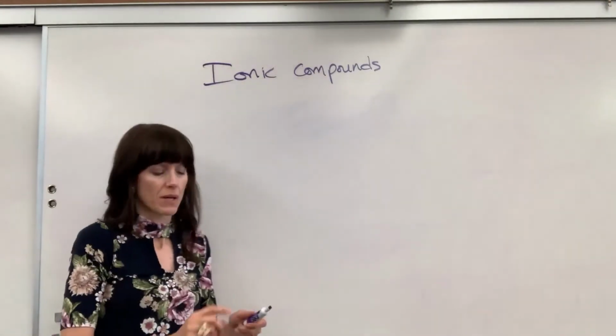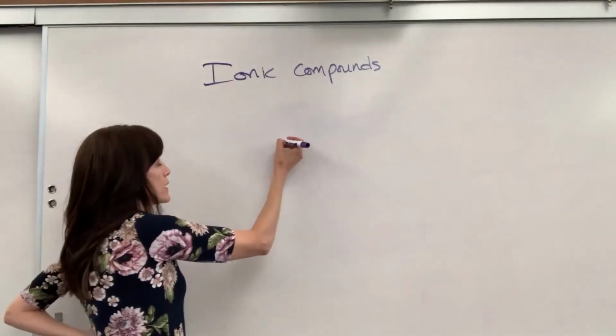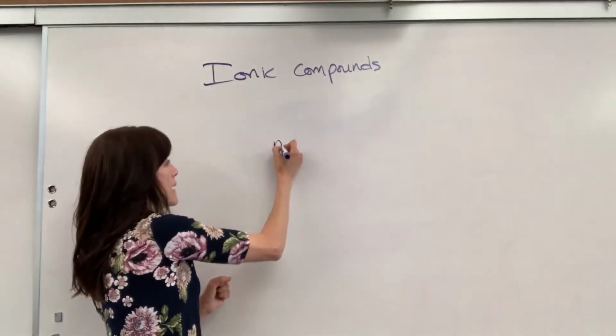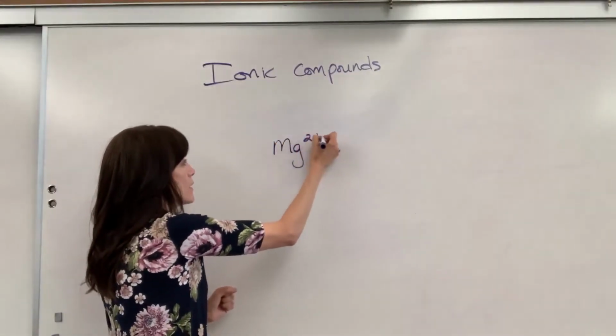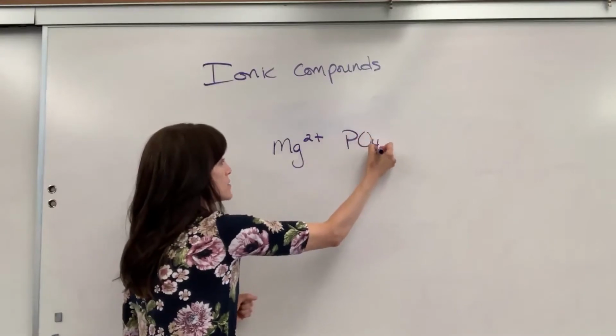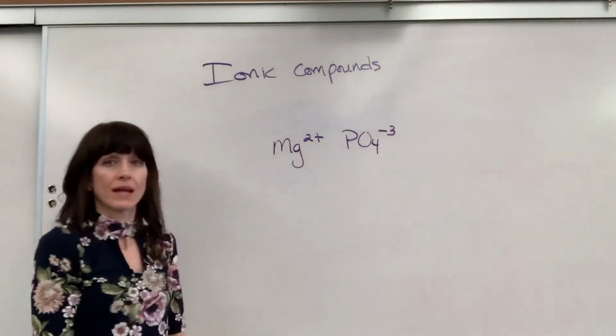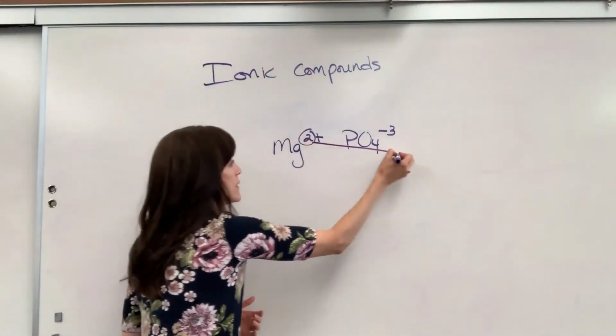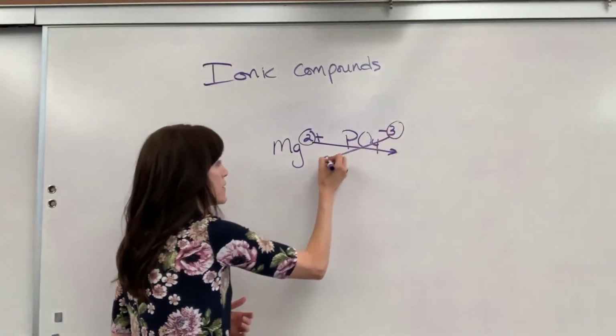Now let me show you how to do this with a polyatomic, when we have a group of nonmetals. Let's this time do a magnesium with a phosphate ion. Okay, so same thing, we're going to cross down charges. So I cross down that 2, cross down that 3.